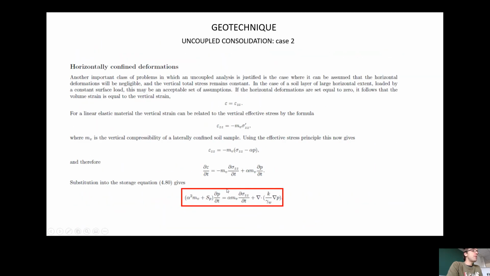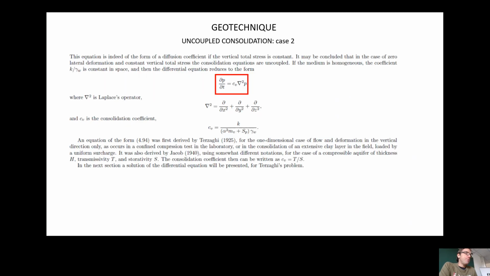So at this point, we can rewrite everything only in terms of p and sigma zz. You can see here that introducing this relationship between deformation and stresses allows us to derive a very condensed formulation that gives the final equation of uncoupled consolidation pretty easily.